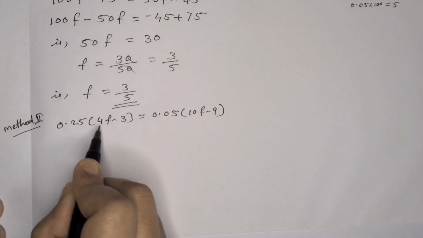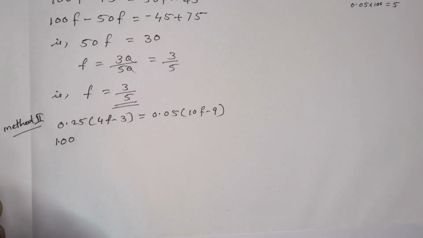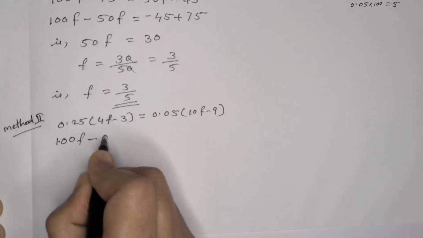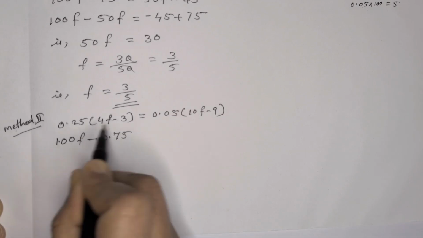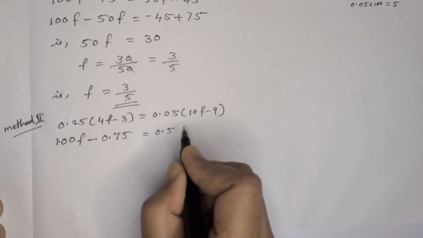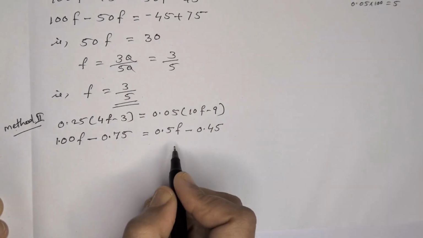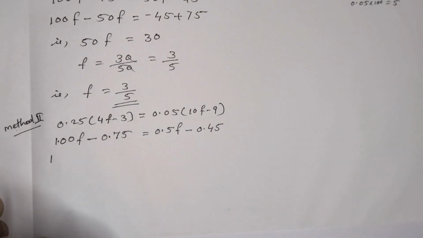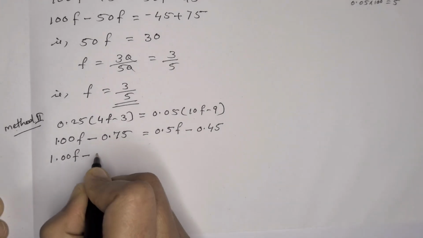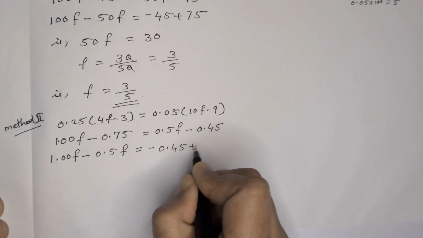So 0.25 into 4, we know 25 into 4 is 100 and then two places to the left, so it will come 1.00 f minus 3 into 0.25, that is 0.75, is equal to, here when you are multiplying by 10, you will get 0.5 f minus 0.45.